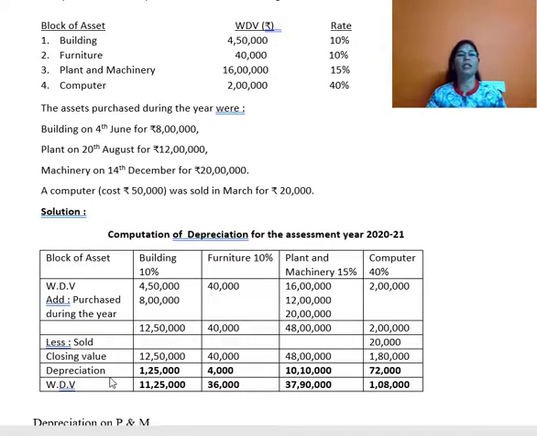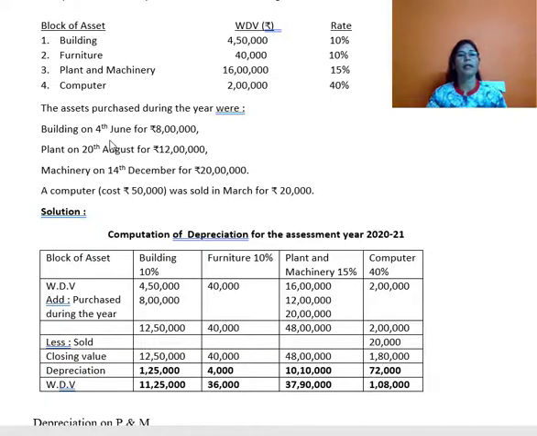Now we have to charge the depreciation. Now when we charge the depreciation we have to see when this asset was purchased during the year, because if it is used for less than 180 days then we cannot charge the whole percentage. We have to charge 50%. Means if it is 10%, then if the asset purchased is used for less than 180 days it would be 5%.